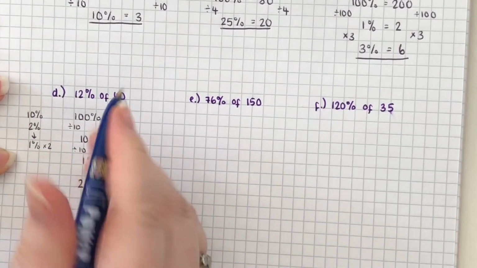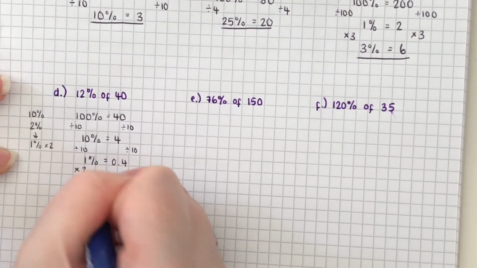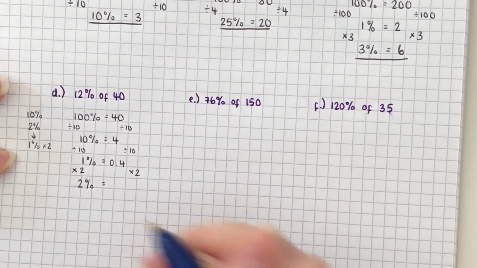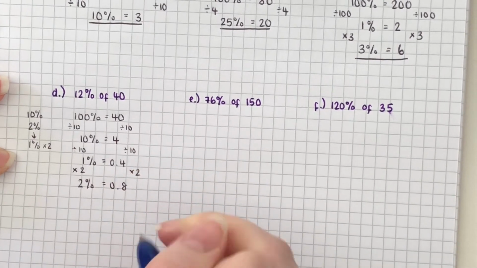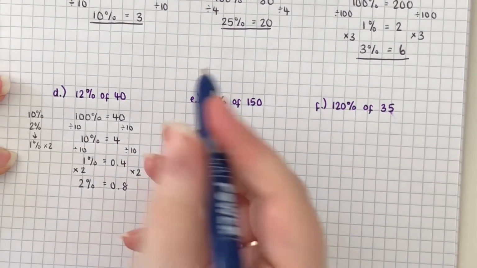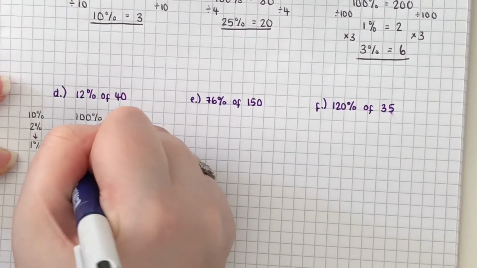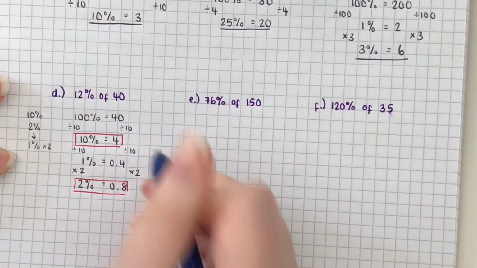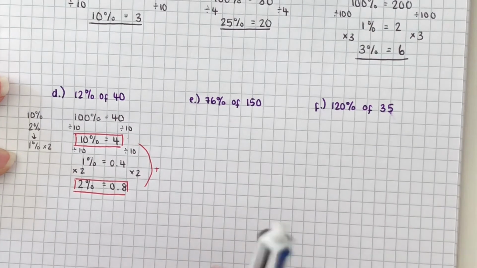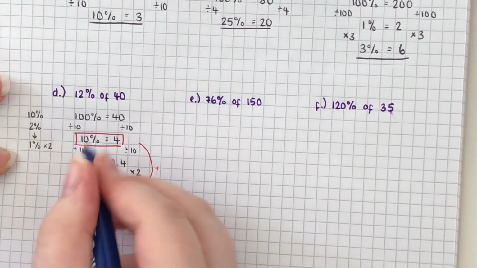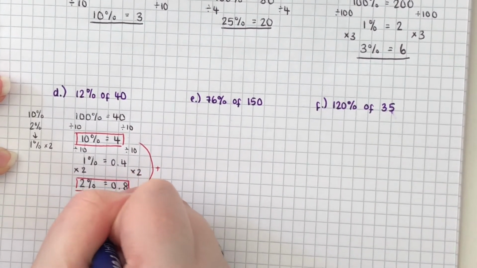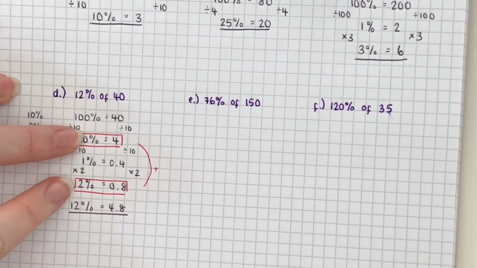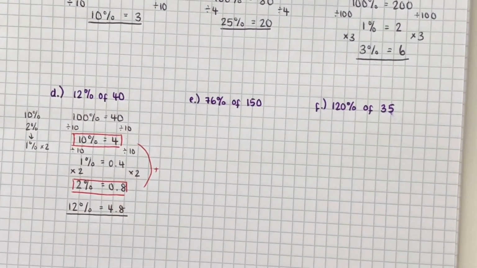So to do that, I can multiply 1 by 2, because 1 times 2 is 2, which means I need to multiply this side by 2 as well, which is 0.8. So we need the 10%, and we need the 2%. Okay, so if we add these two together, that means that 12% is going to be equal to the 4.8. Okay, so I've just added those two sides and then added those two sides.